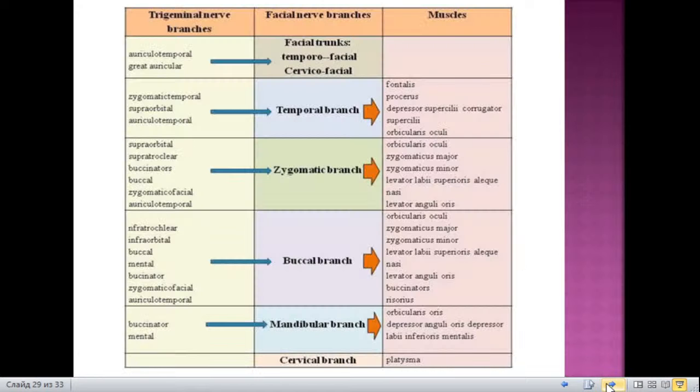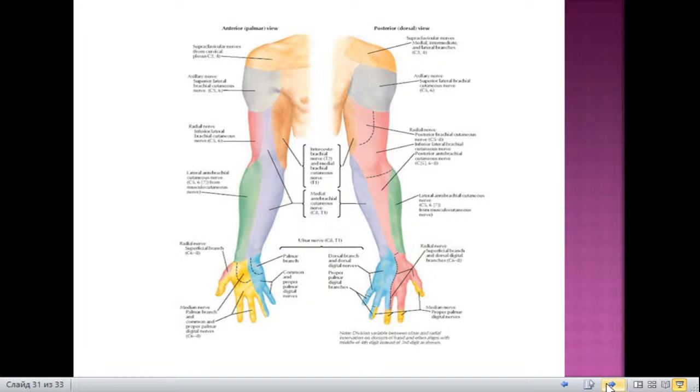After that, upper limbs. Again, we'll begin from the skin. In the shoulder region, the upper part of the shoulder, I mean just above the clavicle and acromion, this part of skin is supplied by the supraclavicular branches of the cervical plexus.